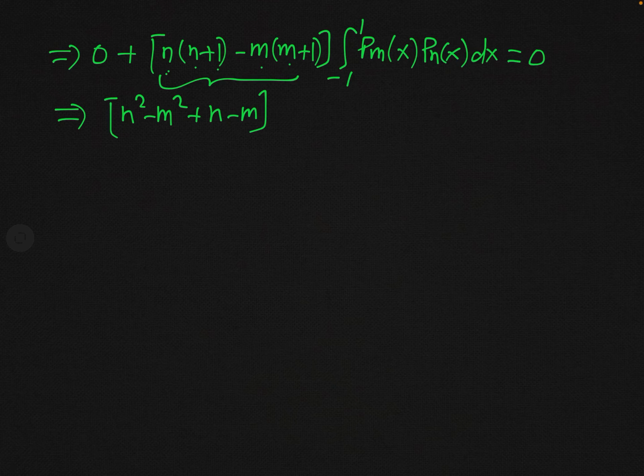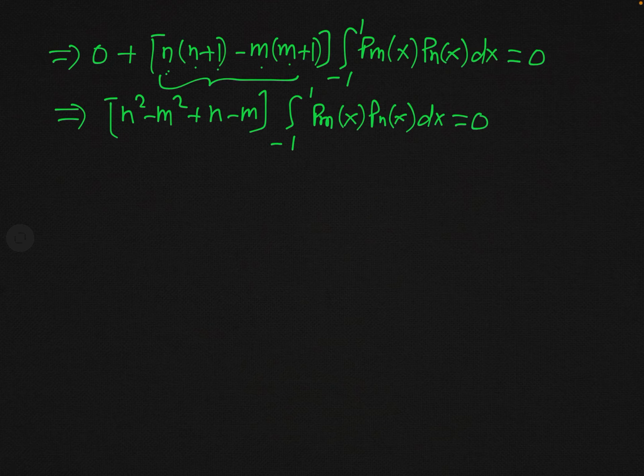So this factor inside the square bracket has been simplified like this, and after that we will write integral from minus 1 to plus 1, Pm of x times Pn of x dx, and this is equal to 0.